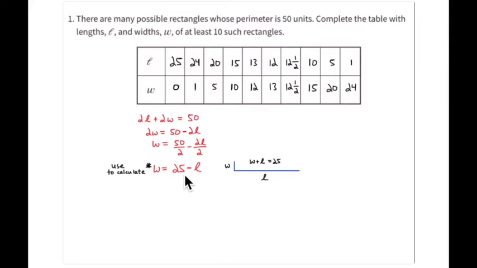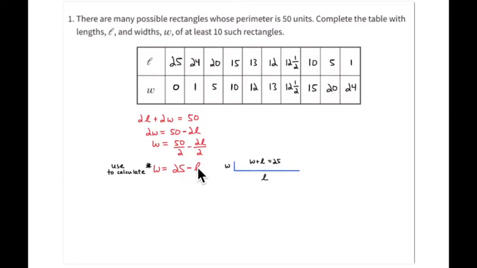So what I've started to do is use this equation. I'm going to choose a value for the length, let's say 5 units. And I'm going to subtract those 5 units from 25 because I have 25 units of the perimeter to work with. Half of the perimeter, half of 50, is that 25. So I'm going to choose 5 units to use for the length. That leaves me 20 units for the width.